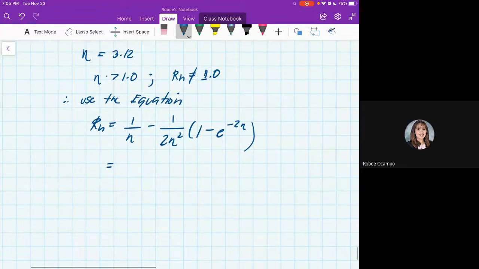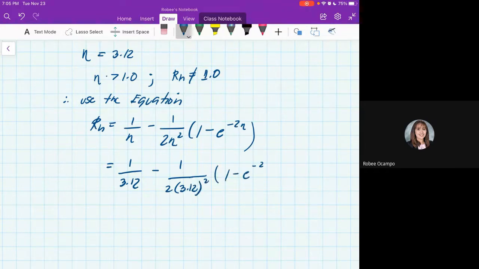So we have here 1 over 3.12 minus 1 over 2 times 3.12 squared times 1 minus e raised to negative 2 times 3.12. Okay?